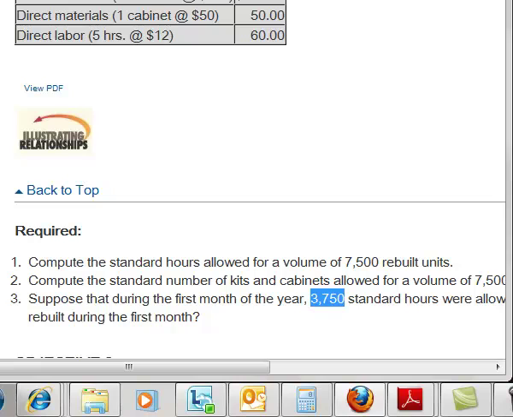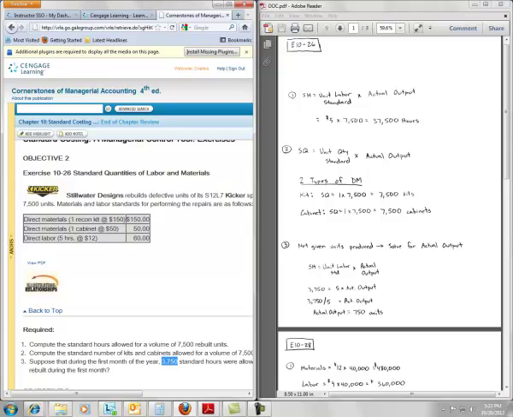So we know that the standard hours is 3,750. That's what we're told in the problem, so we can plug that into the left-hand side of our equation. We also know that the unit labor standard is 5. We can either look back to this table, or we can remember that in the first problem here, we used that unit labor standard of 5. The missing piece in our equation is the actual output.